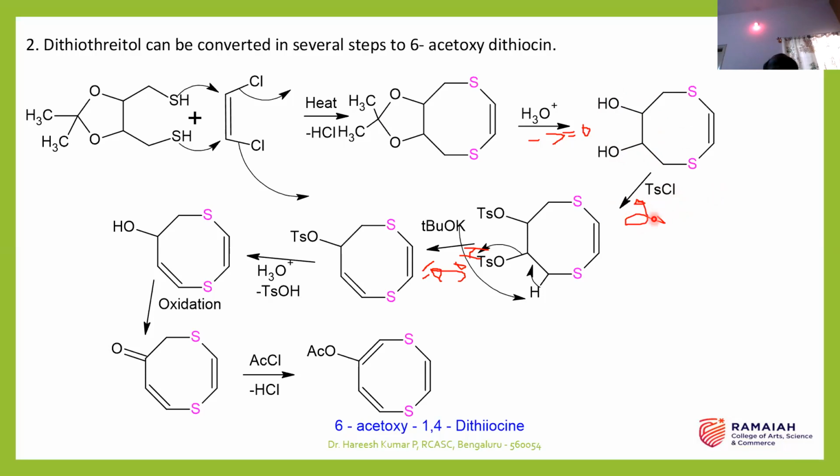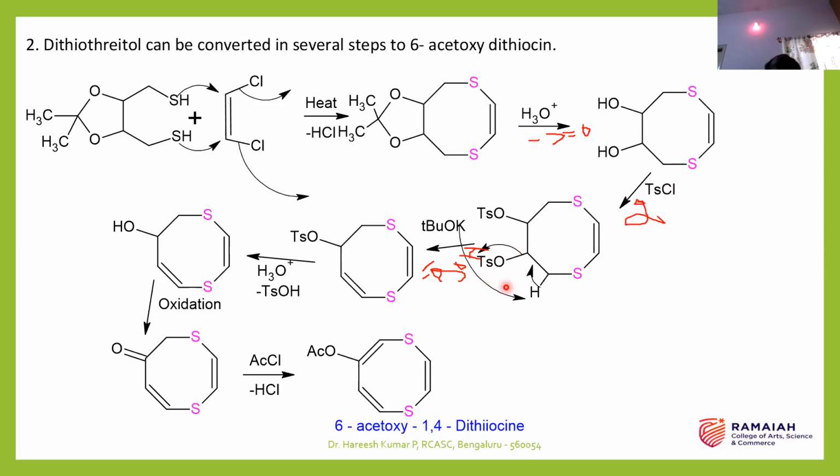Two molecules of para-toluenesulfonyl chloride are treated with glycol or vicinal diol. So, removal of two molecules of HCl, and the obtained ones are called tosylates. This is tosyl chloride, and this is a tosylate.